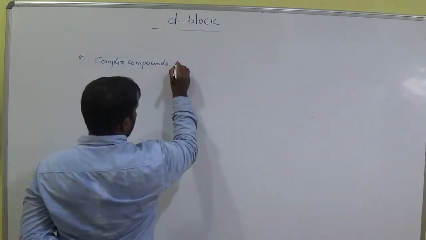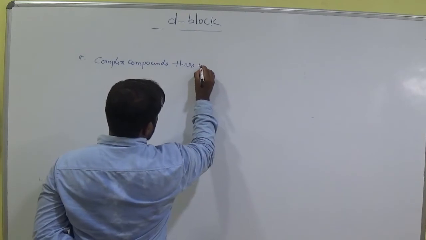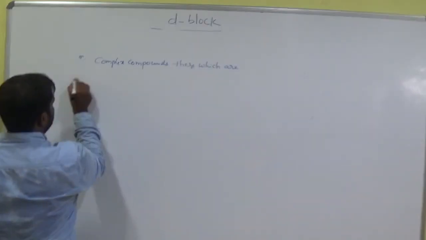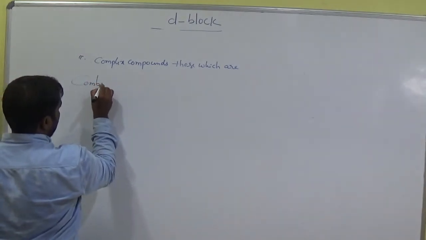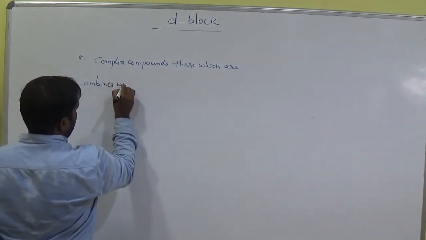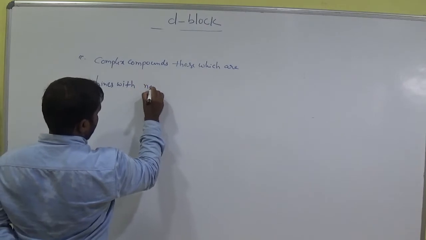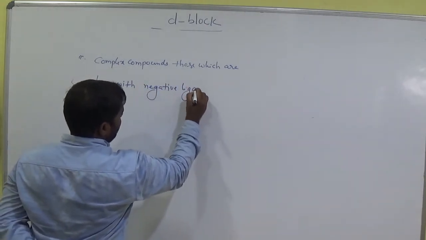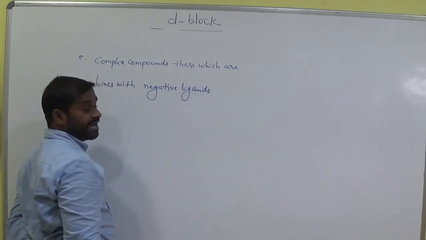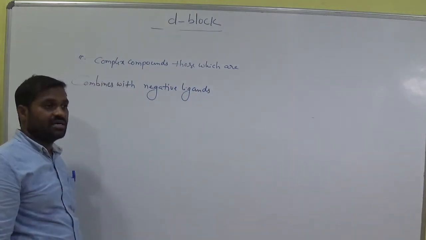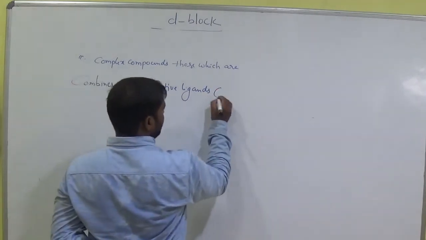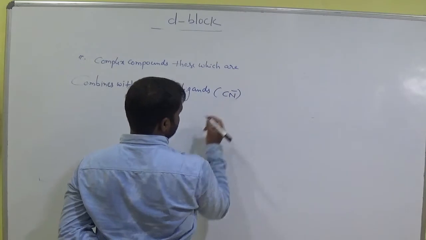Complex compounds are those which combine with negative ligands. Ligands means those which are around the central atom. Okay, negative ligands, example CN minus.